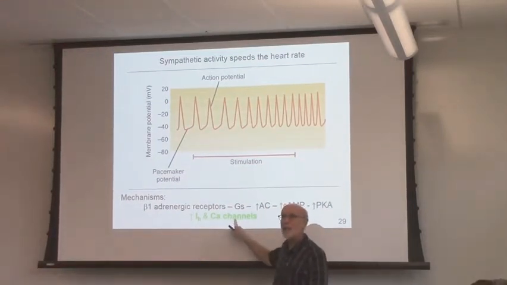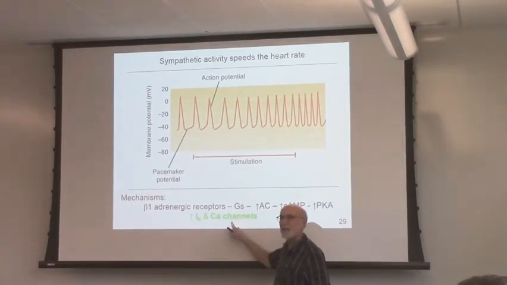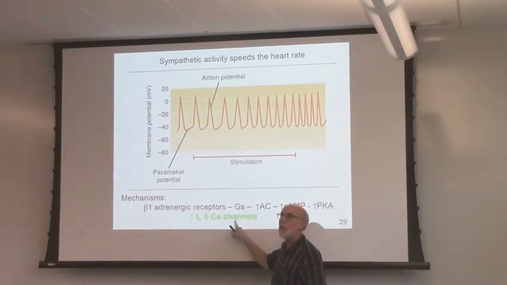What does increasing calcium channel activity do? More depolarization during the pacemaker cell. What would making calcium channels easier to open do to threshold? We don't have to worry about calcium-induced calcium release because we're talking about electrical, not contractile activity.